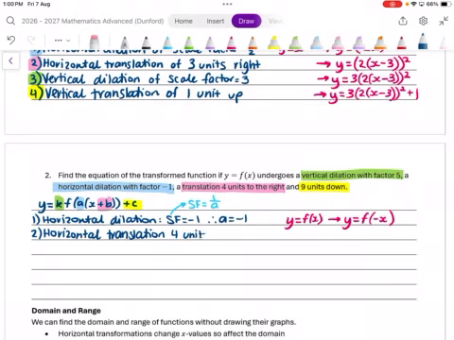If we have 4 units right, what is my b value going to be? It's going to be -4 because we're moving to the right, we're minusing. So my function is now y equals f, lots of negative, lots of x minus 4.